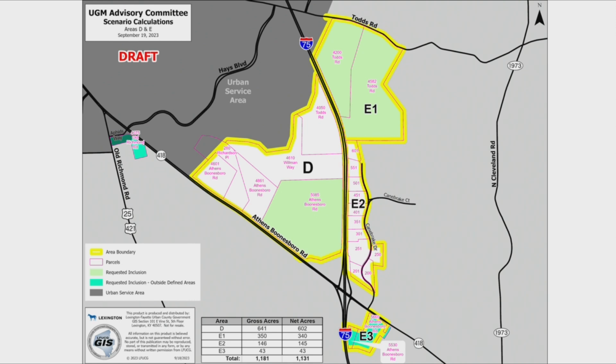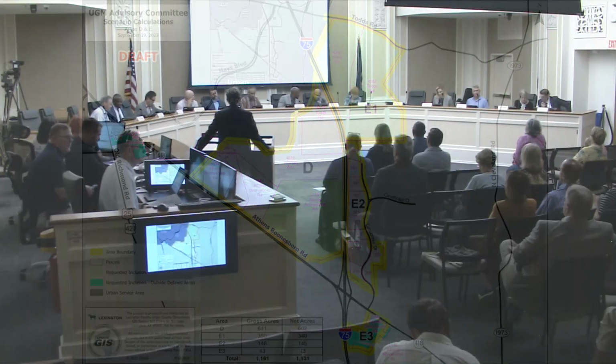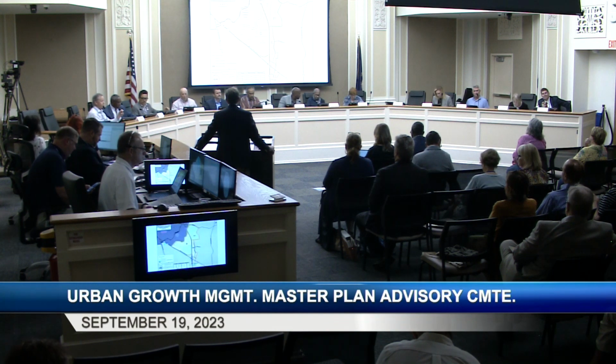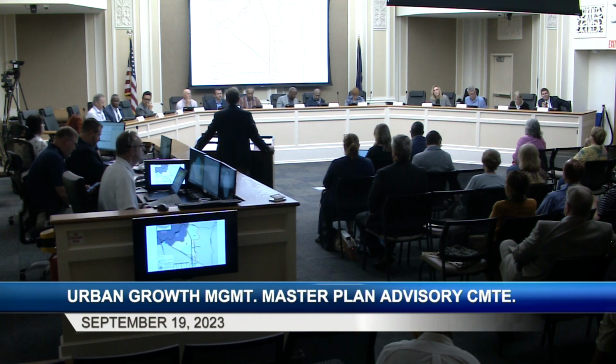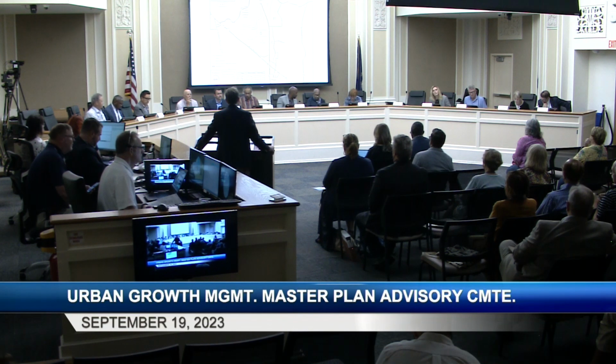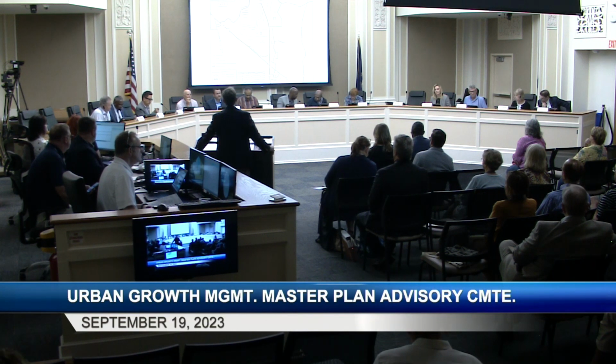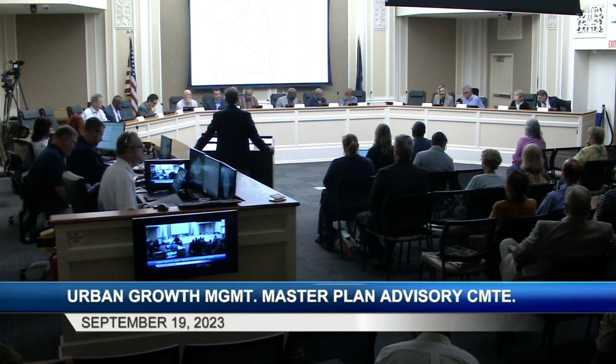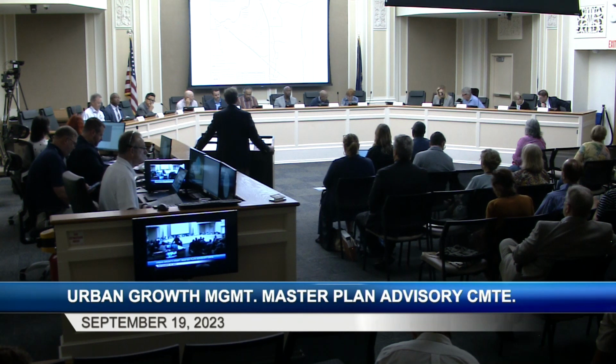And we'll be happy to address any questions or walk you through this if you want to do anything with areas D and E. And just to punctuate, Area D includes the Brenda Cowan Elementary School.